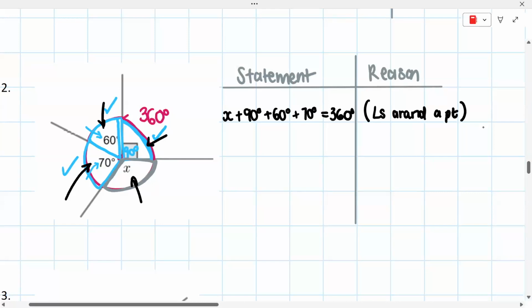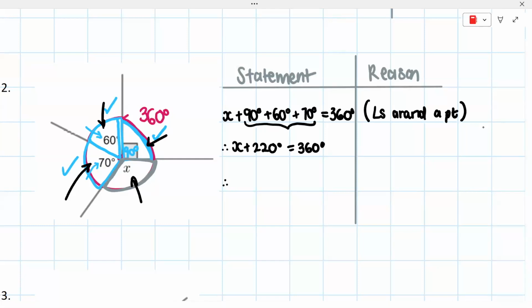Now that I've done that, I actually need to solve for x. Now, guys, what we hopefully see here is that 90, 60, and 70 are all actually like terms. So let's just add them together because it's going to make our life so much easier. So we've got x plus 220 is equal to 360. And now because I'm solving an equation, I'm going to use inverse operations, which means I've got x is equal to 360 minus 220.